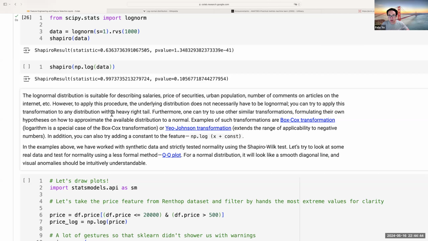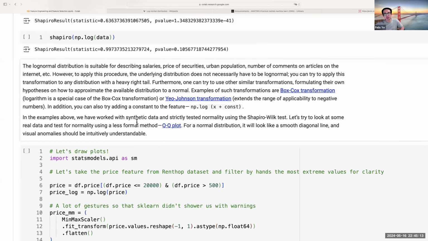This is very common if you see the salary, the population, the ages, which usually have a very heavy right tail. You might consider taking the logarithm of the data. Although they are not necessarily perfectly log normal, it's always a good habit to consider the logarithm of the data in these cases.